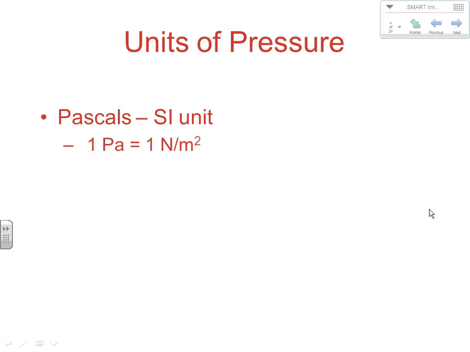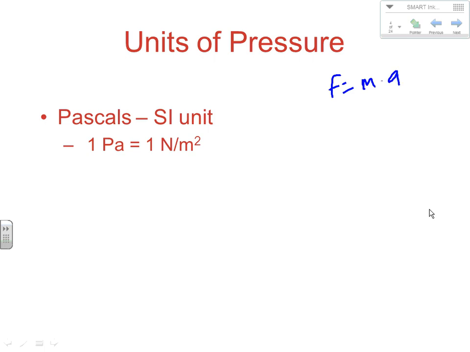Now, units of pressure. The SI unit would be the Pascal. Now, a Pascal is an abbreviation for what it actually stands for, which is a Newton per meter squared. And remember, a Newton, which is a unit of force, is an abbreviation. So remember, Newton comes from other things. Remember, force equals ma.